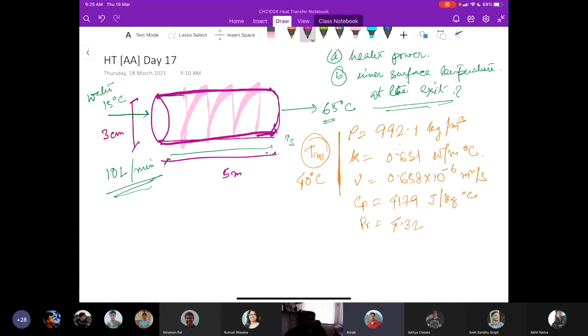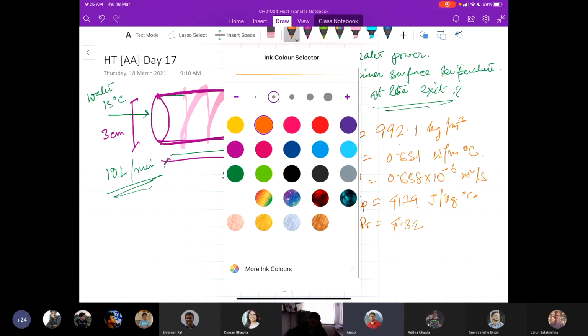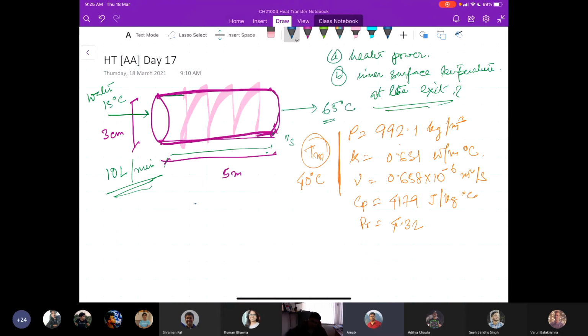Varun Balakrishna, are you following the problem? Yes, sir, I'm doing it. Okay, so tell me, what is the mass flow rate, in numerics? That's very simple. What is my mass flow rate?